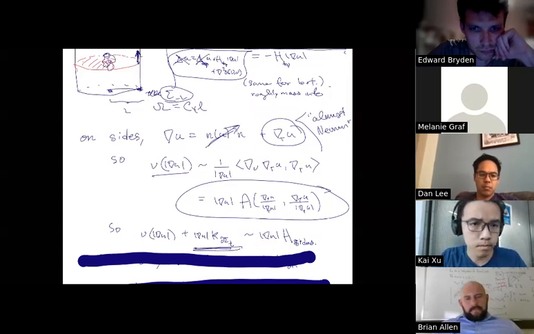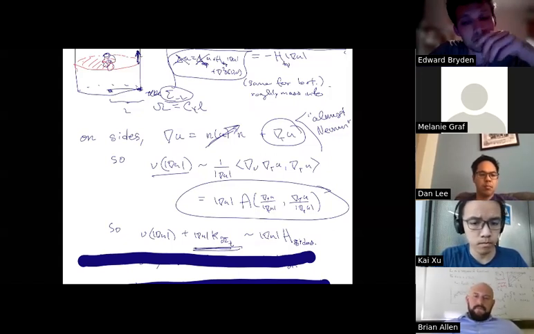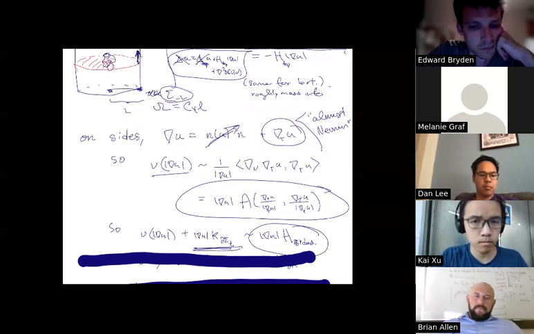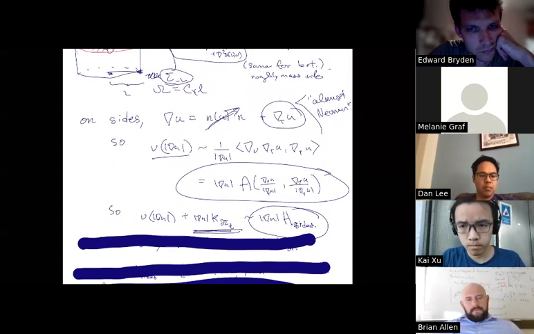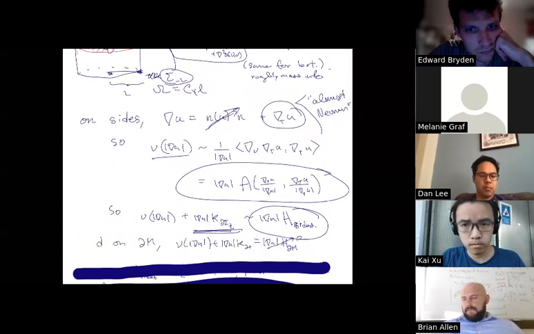Those are the two different almost orthogonal pieces of the second fundamental form. They add up to be the mean curvature of the sides, which is good. That's now not going to zero at the same order as the mean curvature of the top and bottom. It's going to zero at a slightly smaller order.